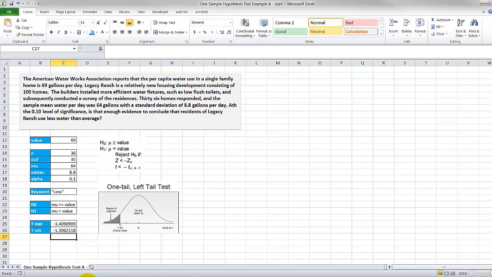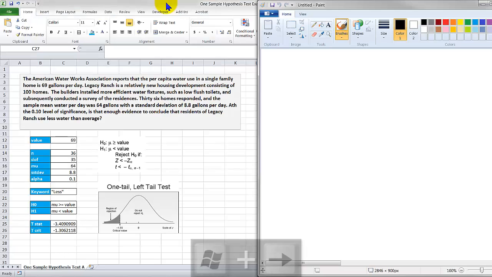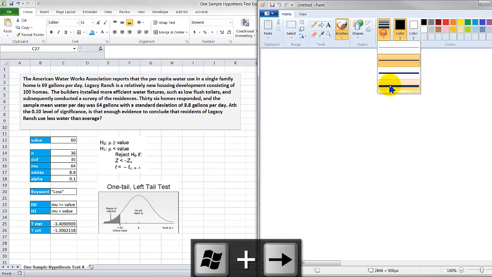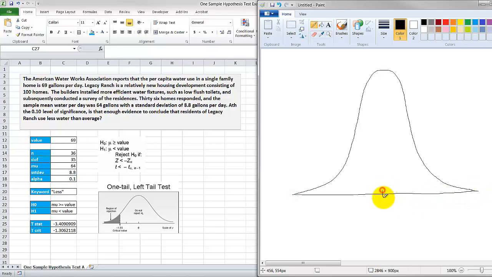So essentially what this means, and I like to utilize Paint when I can, because I think it's important to visualize what's really going on. We have this distribution that looks something like this, and we have a center. What we're doing is trying to find a specific region that looks like this, and this is where our t-critical lies, and that t-critical is equal to negative 1.3.